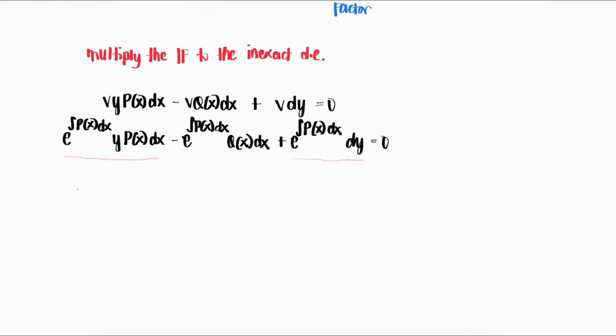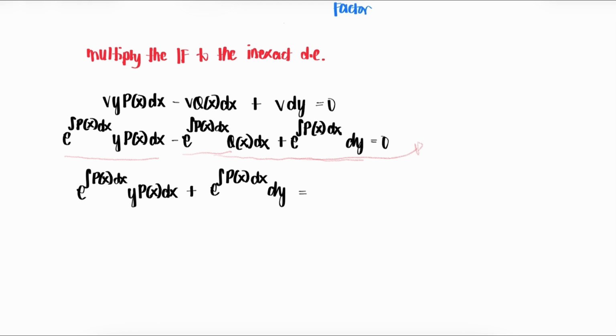So that's e to the integral of p of x dx y p of x dx plus e to the integral of p of x dx dy equals, and then this term we are going to transfer to the other side of the equation. That's equal to e to the integral of p of x dx q of x dx.